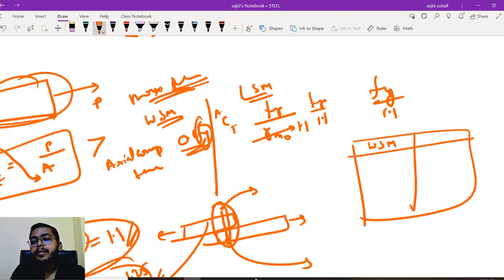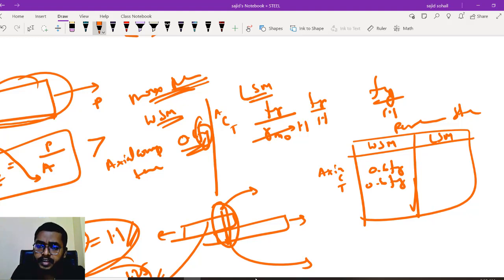In the first module I taught you the factors of safety, partial factors of safety, and permissible stresses in limit state method and working stress method. For axial compression and tension it is 0.6 Fy, whereas in LSM it is Fy by 1.1.